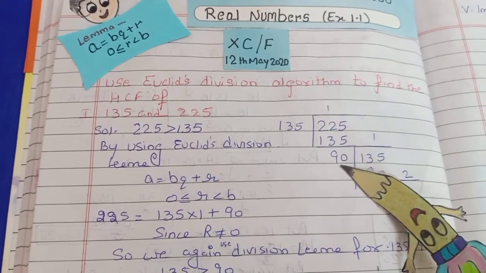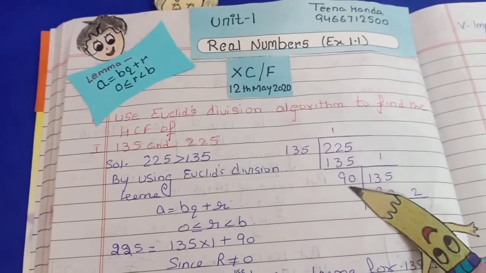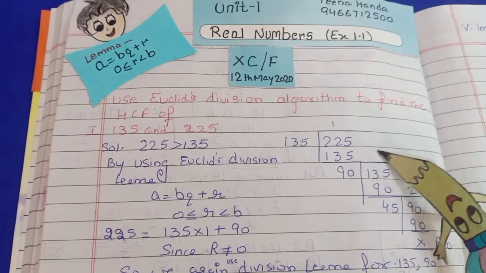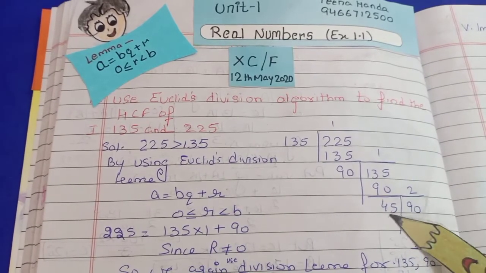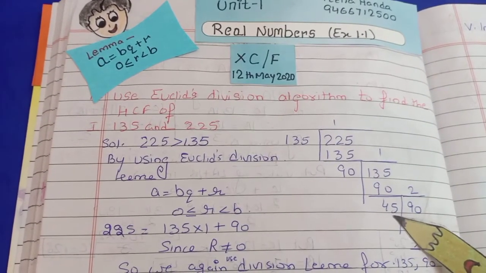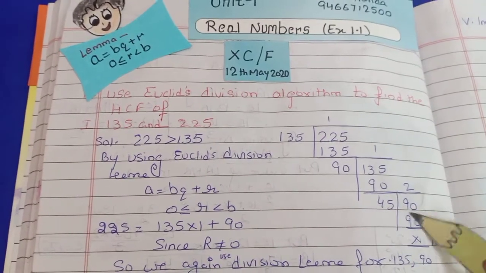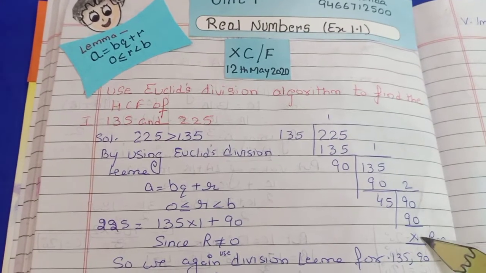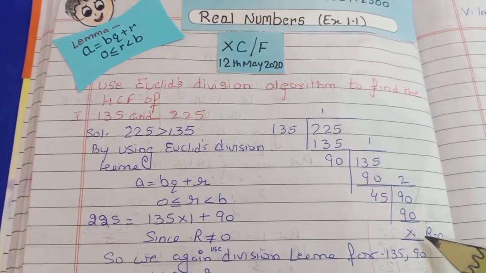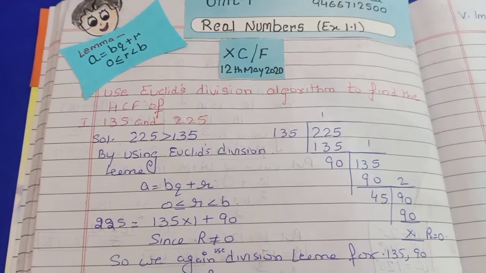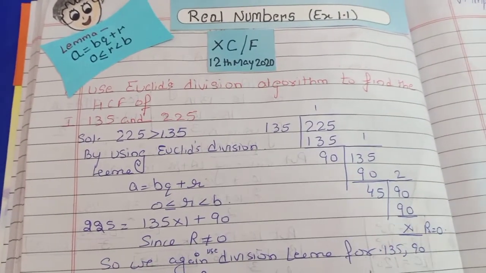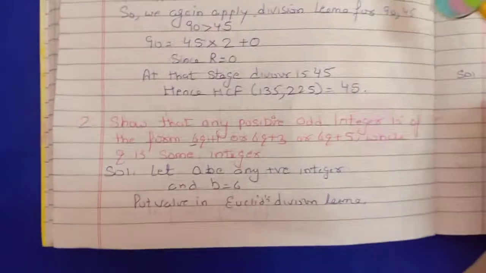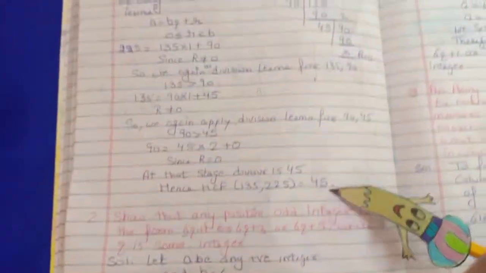Since the remainder is not equal to 0, I again perform this for 135 and 90. 135 divided by 90 gives quotient 1, remainder 45. Again the remainder is not equal to 0, so we use it for 90 and 45. Here the quotient is 2 and the remainder is equal to 0. Because our remainder comes to 0, we stop our procedure at this stage. At that time the divisor is 45, so the HCF of these two numbers is 45.